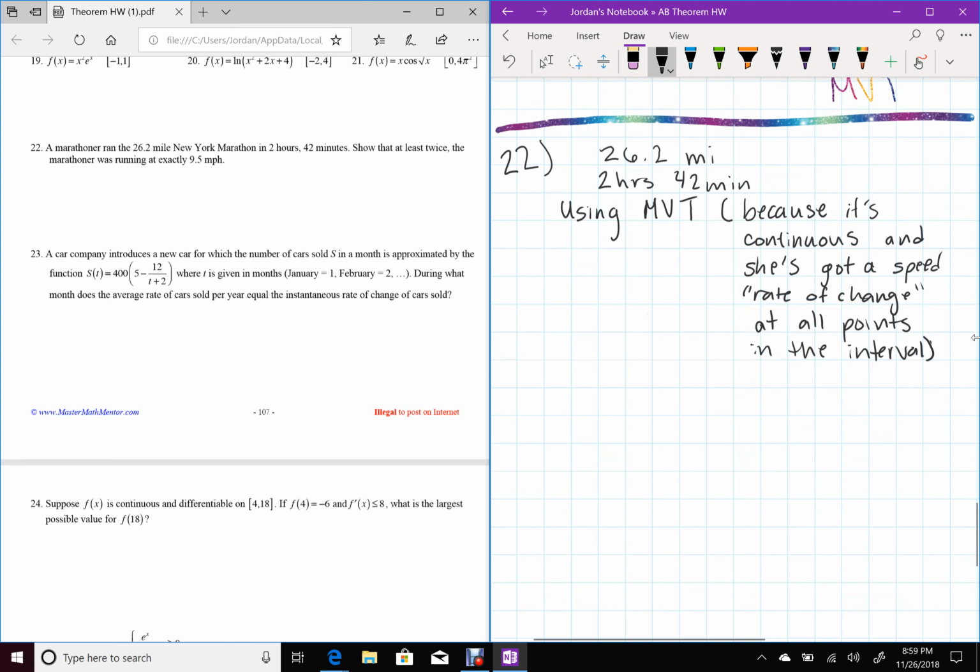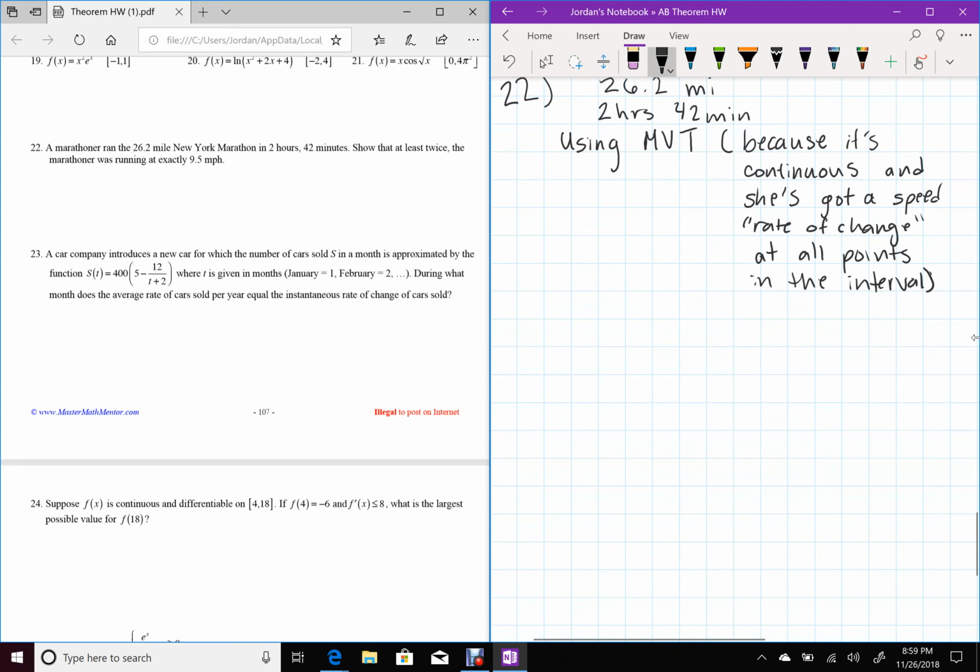Okay. We want to show that she ran exactly 9.5 miles per hour at some time in the interval.